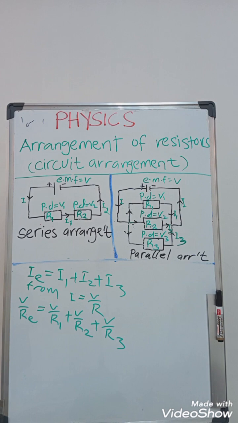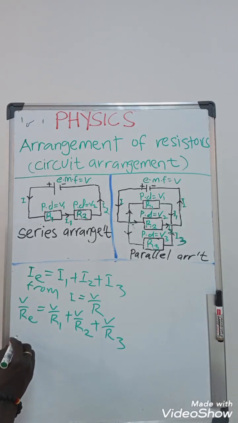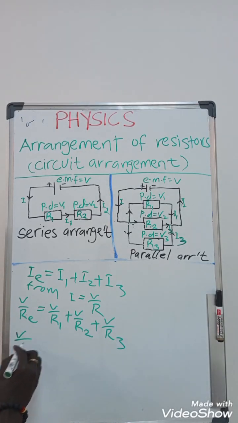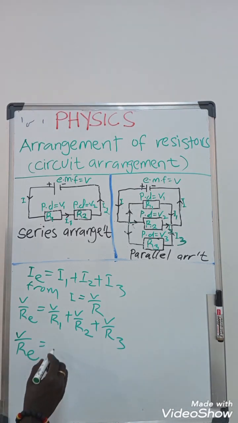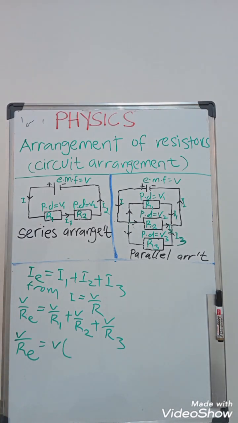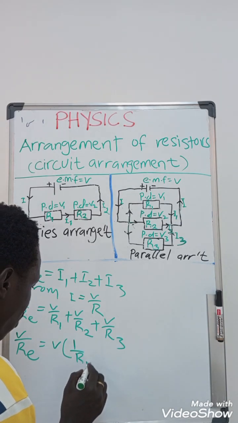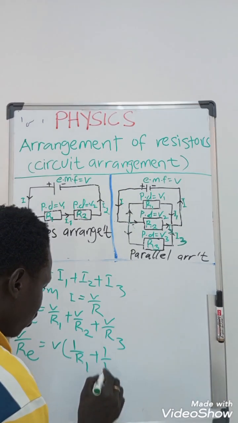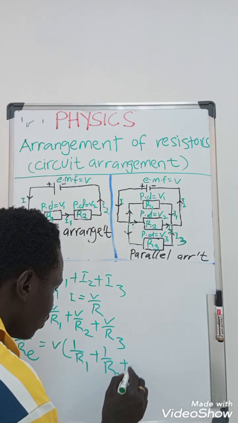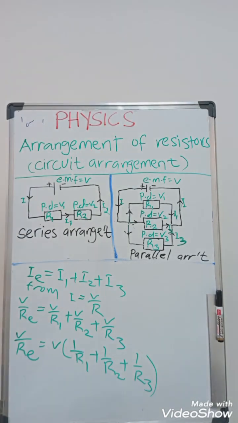Since here we have a common factor, we are going to pull out the common factor, and the common factor is V. We are going to have V out of R_E is equal to V, open our bracket, 1 out of R1 plus 1 out of R2 plus 1 out of R3, close our bracket.